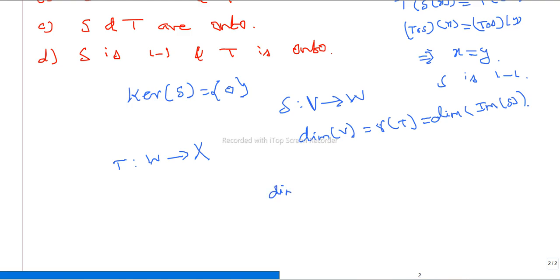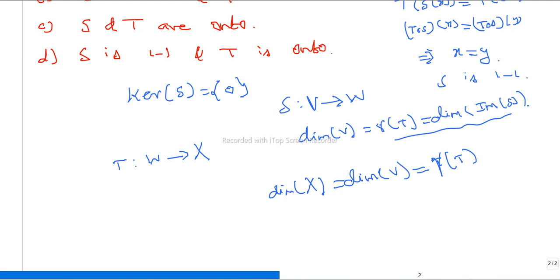Okay, so dimension of X is given as equal to dimension of V, and this should be equal to the rank of S, using this relation.